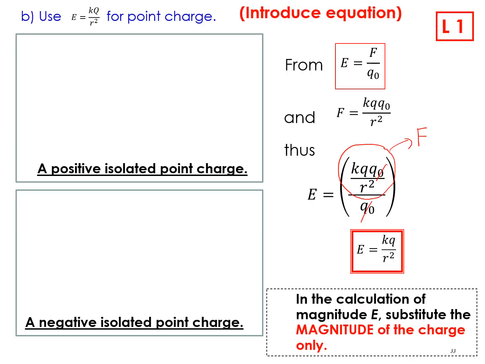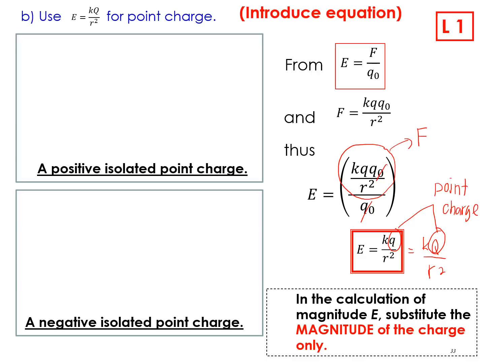So you come out with this one, kQ over r squared, or sometimes it is represented with capital Q. This Q is the charge for the point charge, not the test charge, because the test charge Q naught already cancelled.